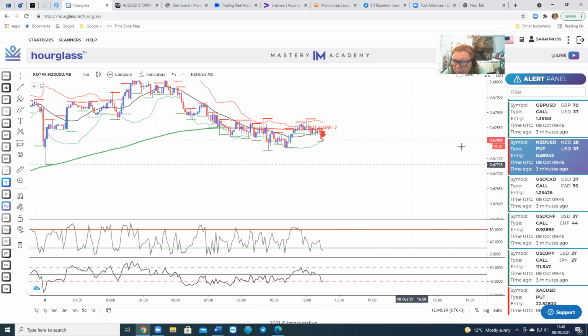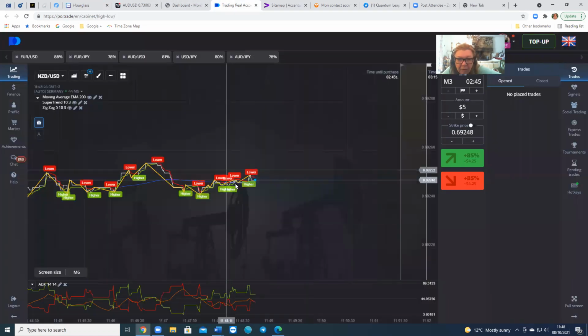NZD/USD. So I think this is broker spreads have caught me on this one, isn't it? It's dropped right down on HourGlass. Oh, okay. So this is broker spread has caught me out.